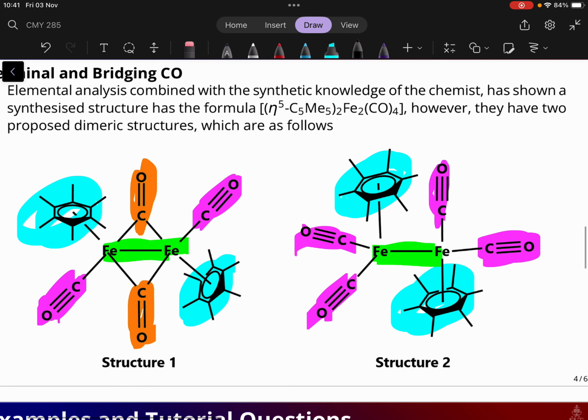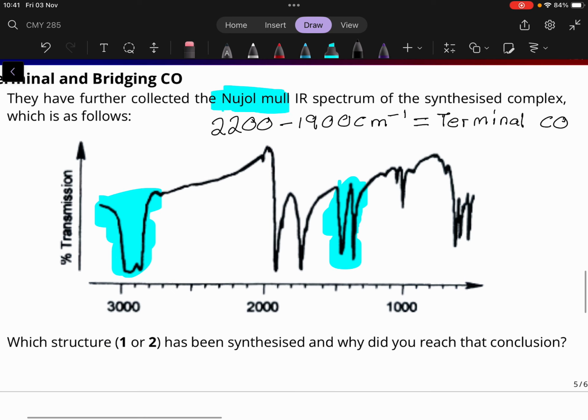Both of these complexes contain terminal carbonyls, so that's not really going to give us any indication, but it still will confirm that there are indeed terminal CO stretches in these complexes. The next region we need to look at is between 1,900 and 1,600 per centimeter, which is equal to bridging COs.